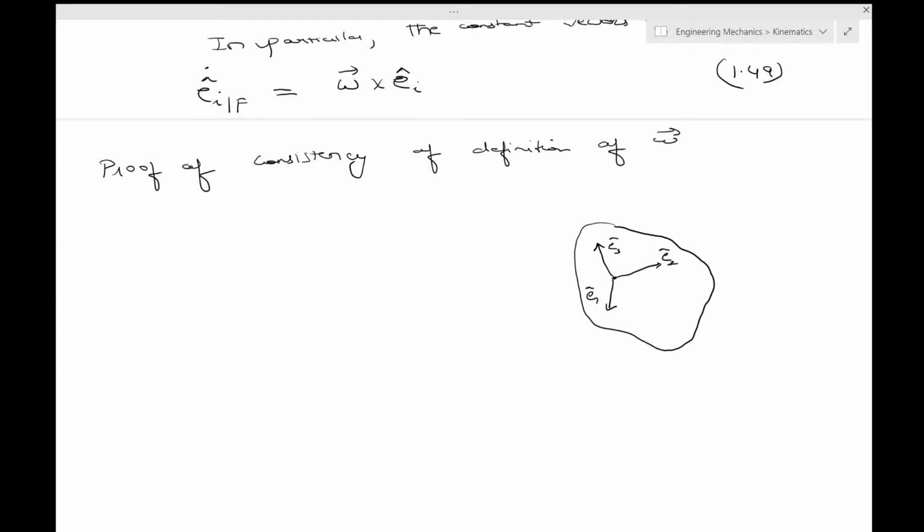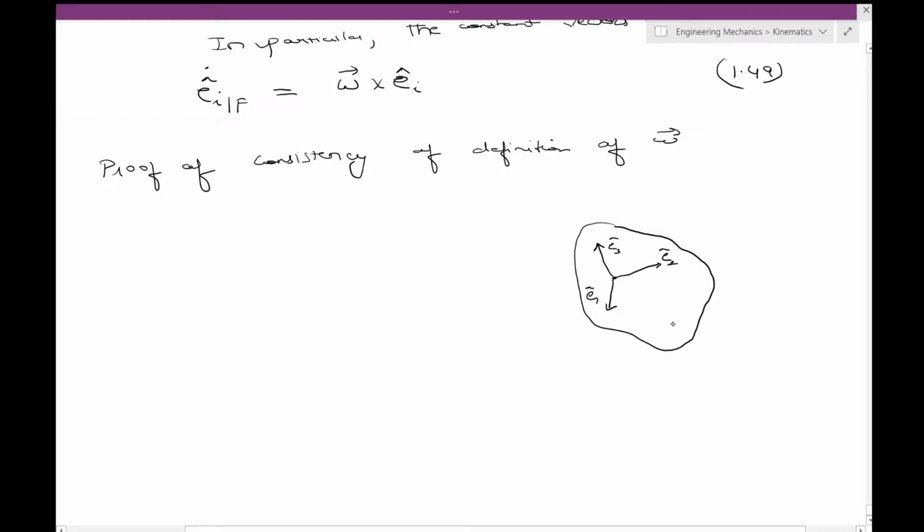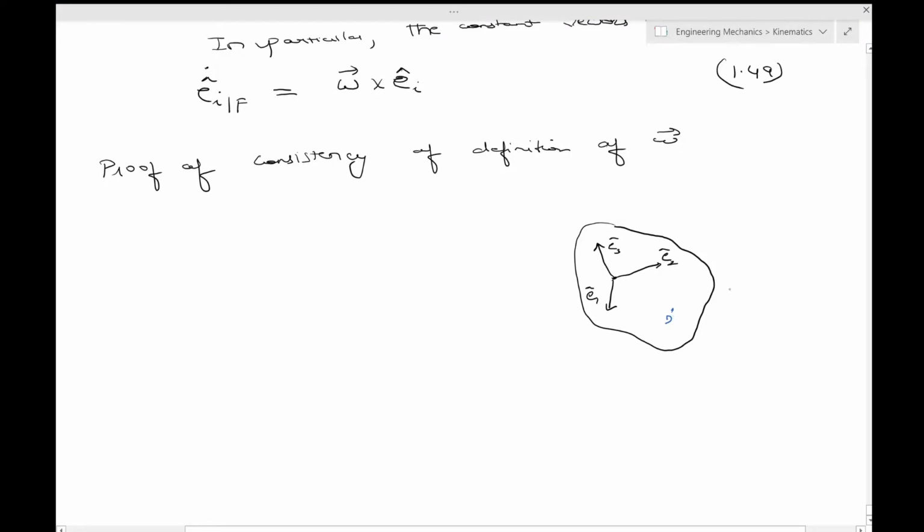And then let's take this point D. Okay. So you have E1, E2, E3 and E1 dash, E2 dash and E3 dash.